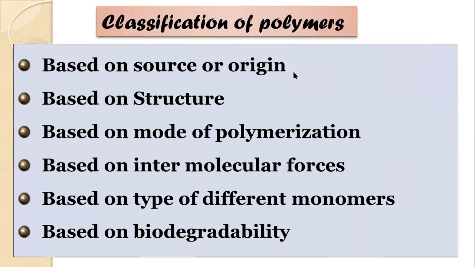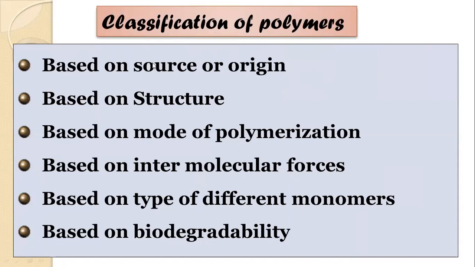Now, the classification of polymers. There are 6 types of classifications. See, 1, 2, 3, 4, 5, 6. 6 types of classification of polymers are there. First one is classification based on source or origin.